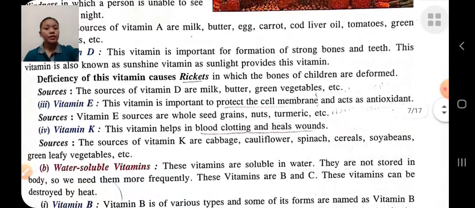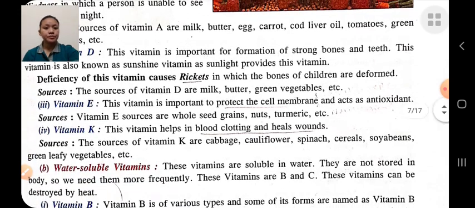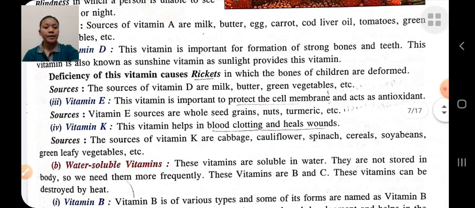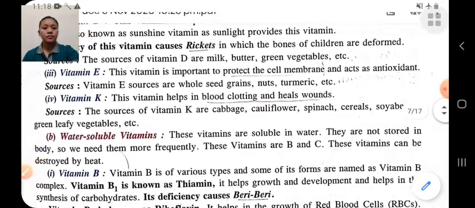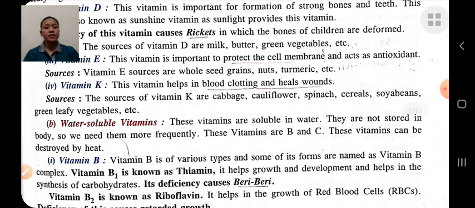Vitamin K. These vitamins help in blood clotting and in healing wounds. Vitamin K helps in blood clotting.